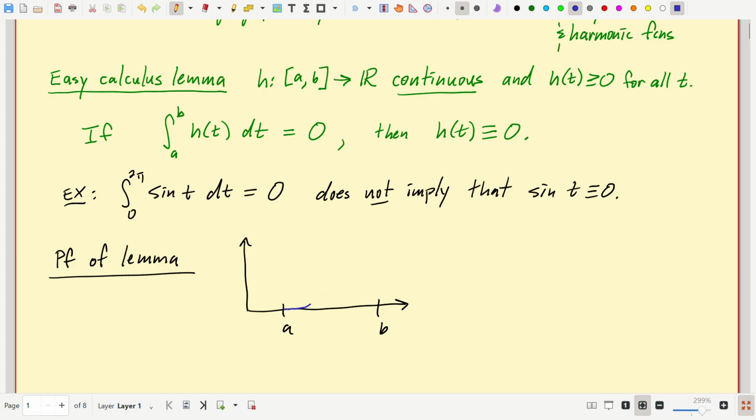We could make that be the max, what the heck. So if h does not vanish identically, let's call this spot here t naught. h of t naught is greater than 0. So let's suppose that.